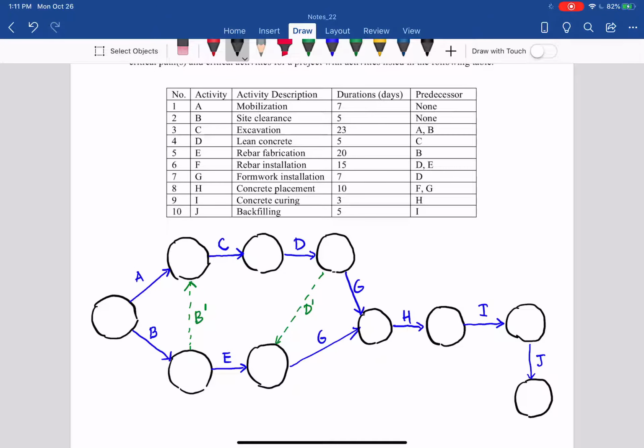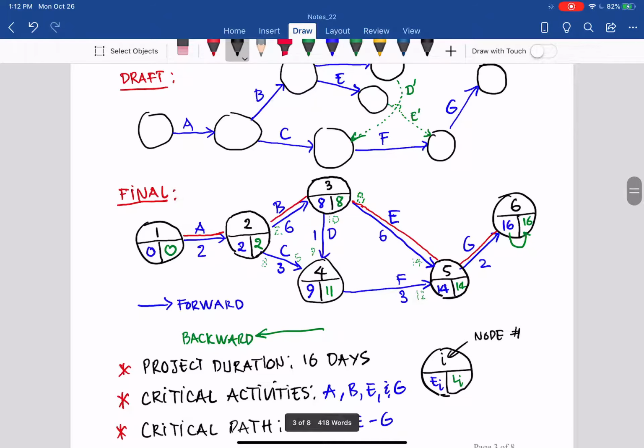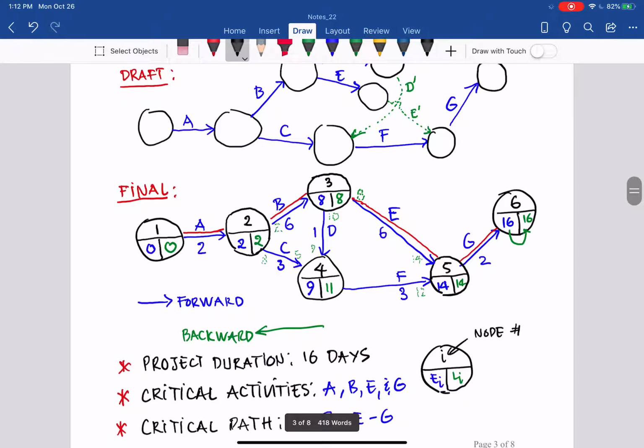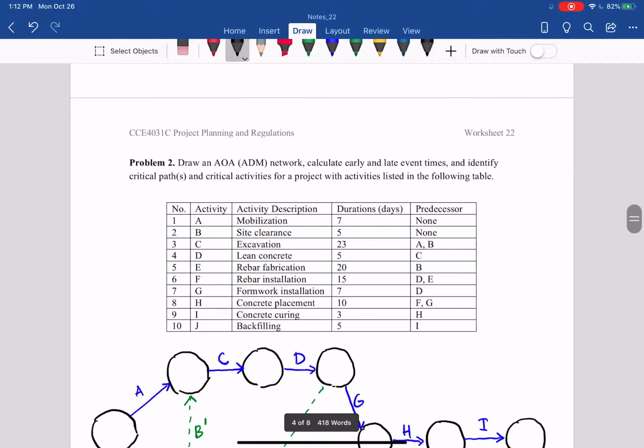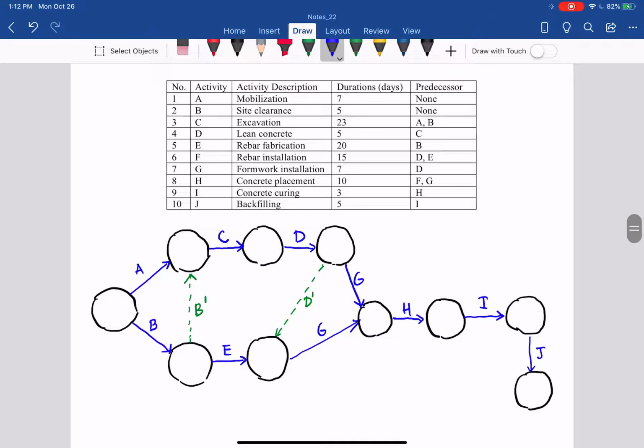With that, we can plug in the numbers just like we did with the durations and find the early event time and late event time like problem 1. The duration for activity A is 7 days. Activity B, 5 days. Activity C, 23. D, 5. Activity E, 20.